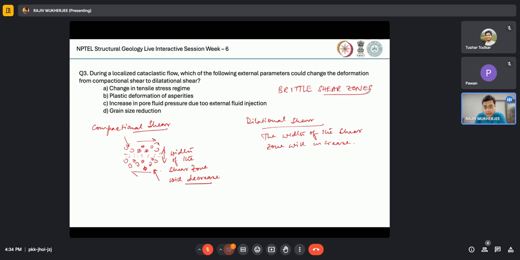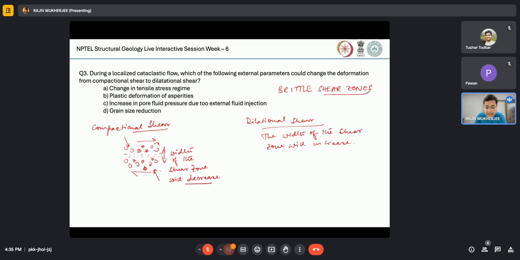But for brittle shear zones, which are mostly governed by cataclastic deformation mechanisms, we deal with granular materials and crushed grains that have no cohesion between them. So this is not a kind of ductile deformation. It is essentially a brittle deformation, right?